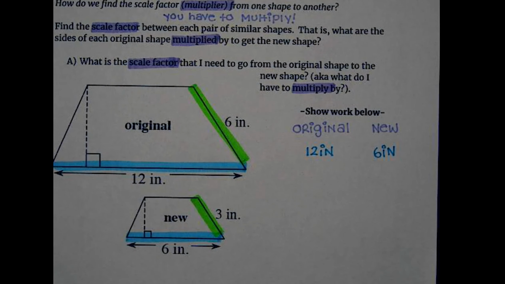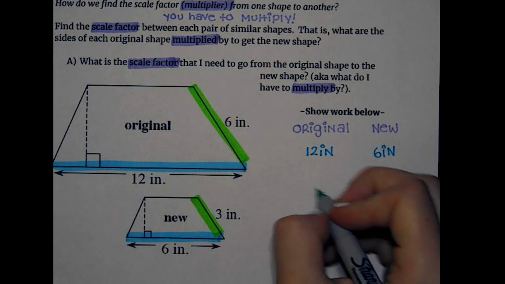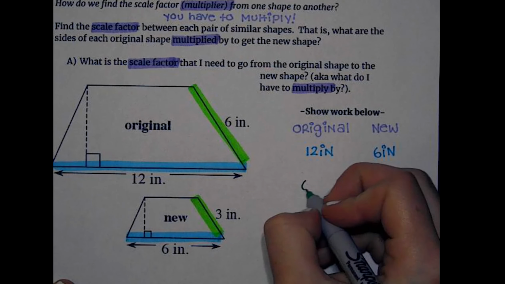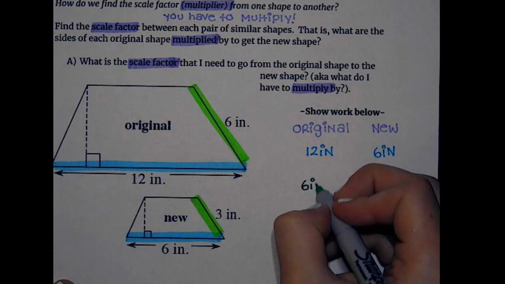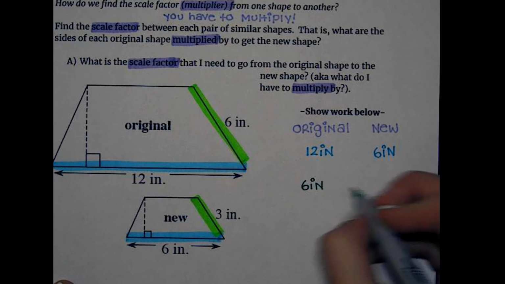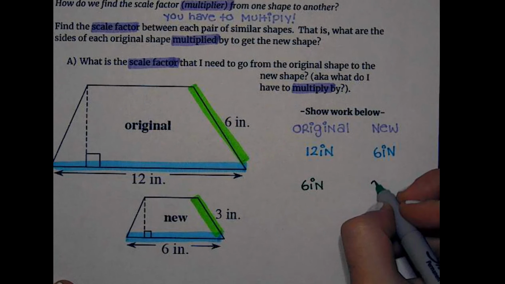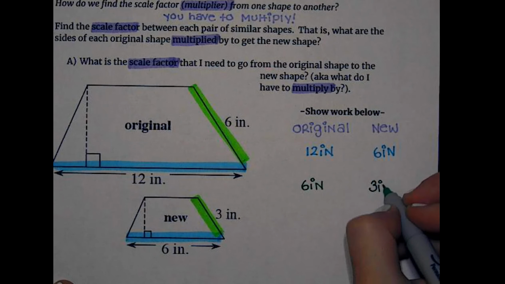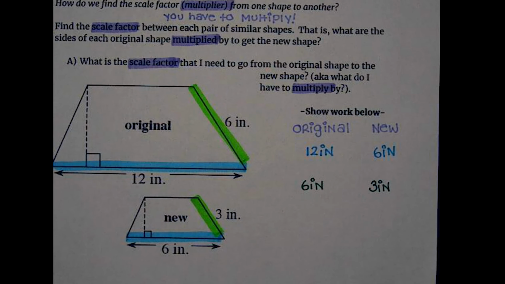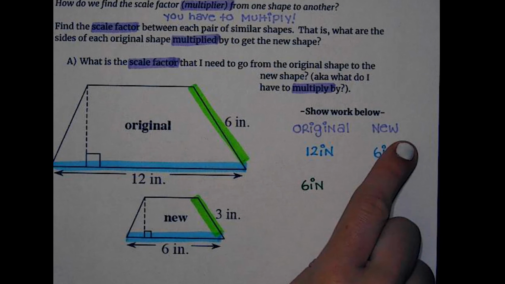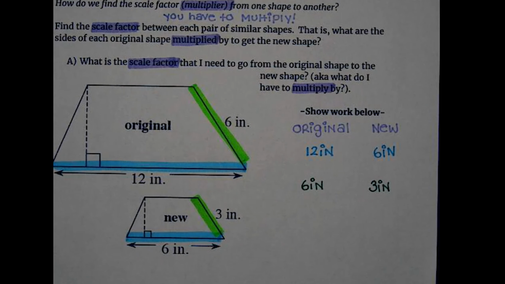And then for our green side lengths, our original is 6 inches. And our new shape is 3 inches. All right, and you always go from the original to the new shape. If you don't, your scale factor could be off.